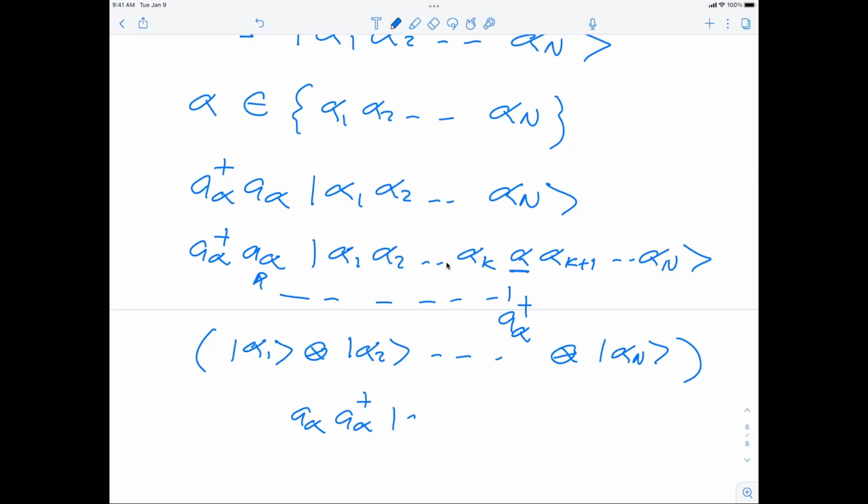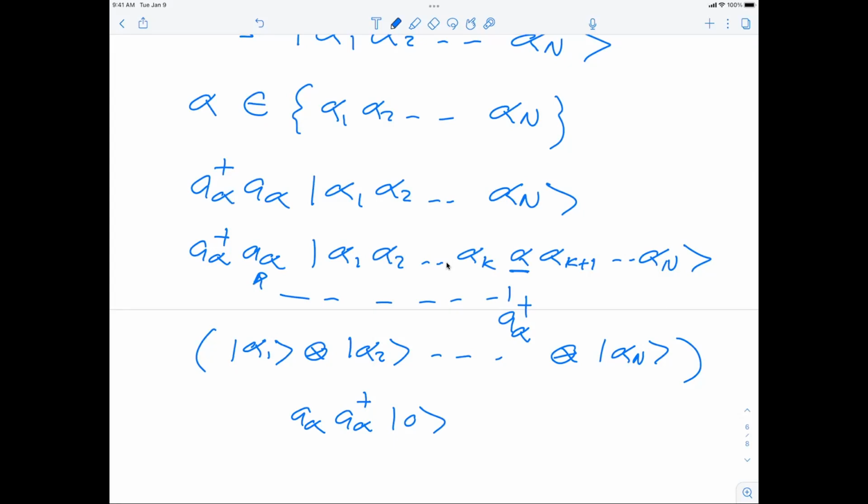So I'm acting with this one on that. In order to perform that operation, since this is a tensor product, it's a compact notation, I want to have A alpha acting on that one, and I don't want to have any of the other operators in between.